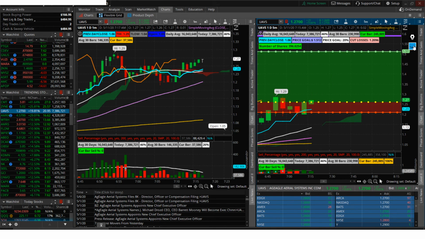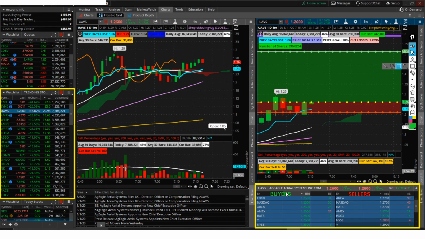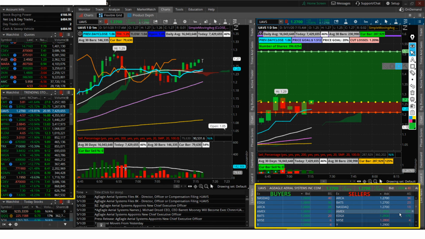So looking at this one, the buyers being the demand and the sellers being the supply, we can see that there's an even balance right here. I'm starting to see more sellers pop up with their share size. So there's a lot of resistance right here at $1.27, $1.28, a huge seller at $1.28.